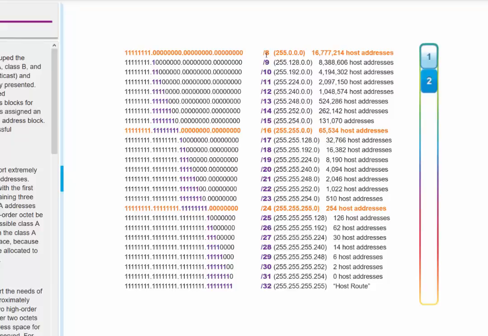This means that we have 8 bits for network and 24 bits for host, so that gives you 2 to the power 24 different host addresses, around 16 million different IP addresses. And if you use a subnet mask of /9, then you end up with this number and so on.